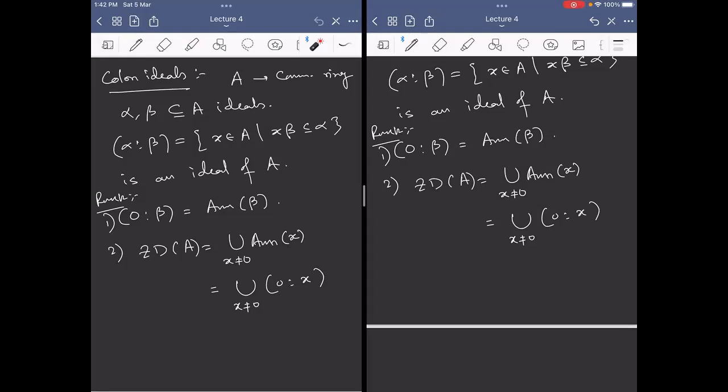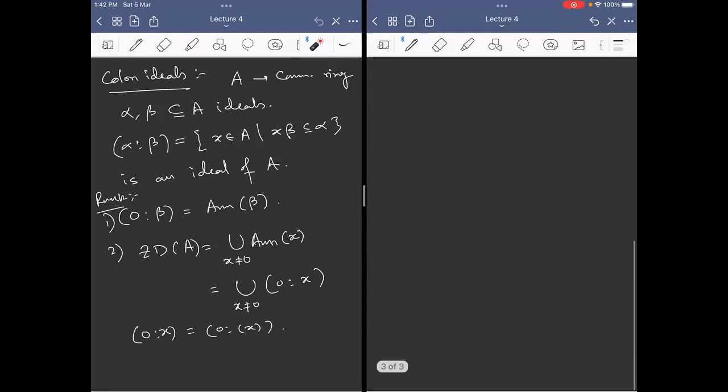Now, 0 colon X, by this notation, I mean 0 colon the ideal generated by X. So this will be my convention. Okay. I am going to state some properties of it. Maybe I'm going to give you an example.